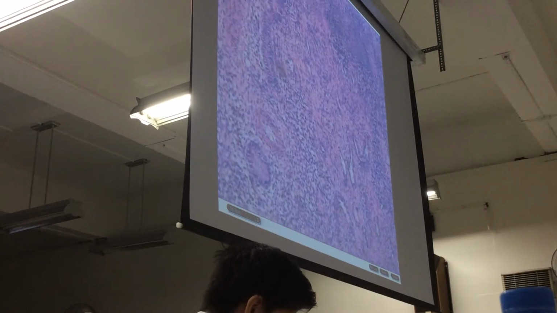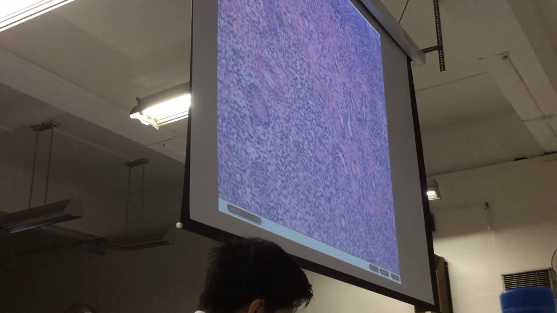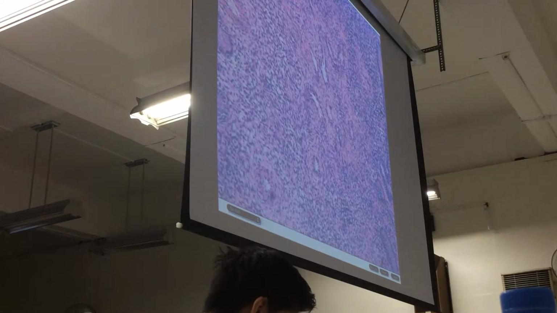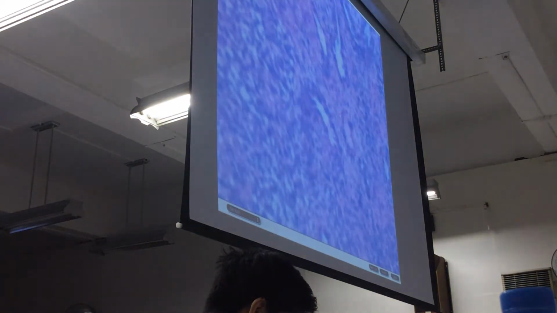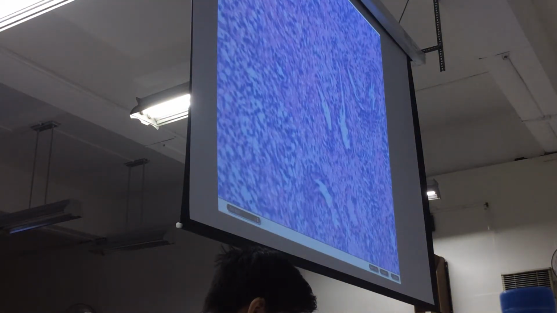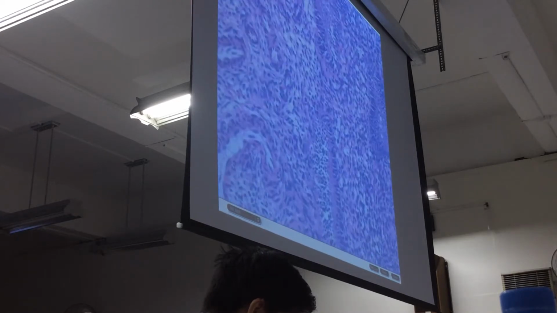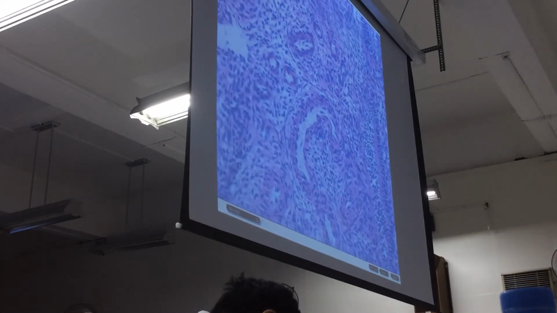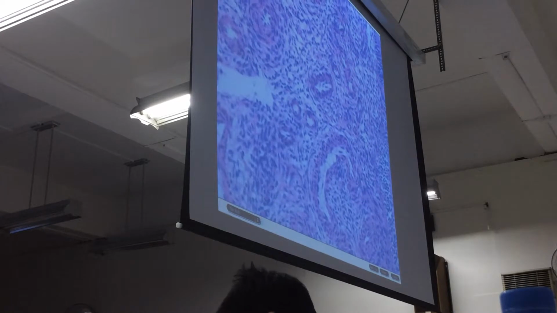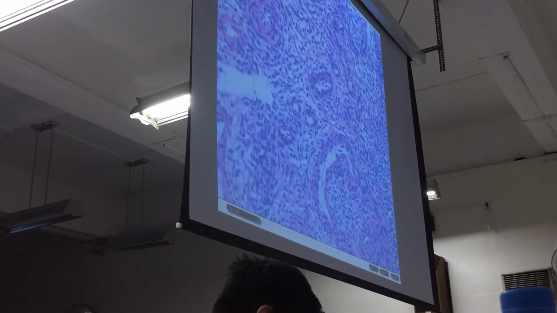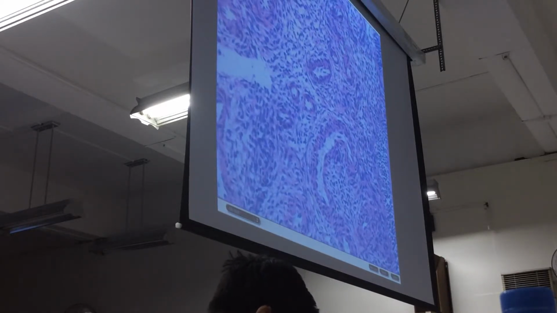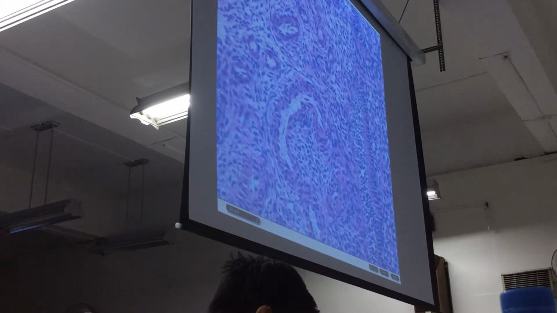So in focus now are sclerotic blood vessels, mainly seen in the middle. Those are sclerotic blood vessels. Okay. And they are admixed with endometrial glands of varying sizes. Okay? The stroma becomes very fibrous, especially near the sclerotic blood vessels.